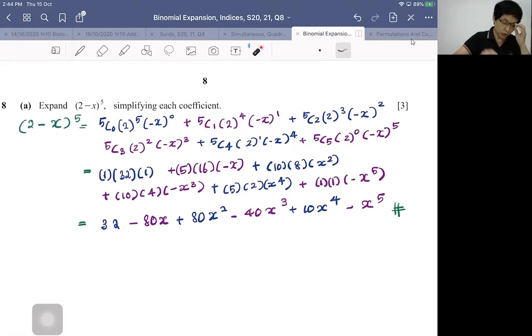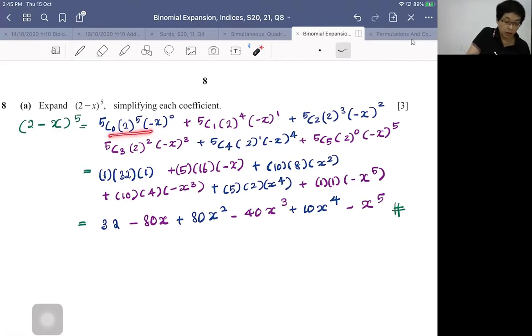To make it easier to see, I have put the terms into two different codes. So now this is the first term, 5C0 to the power of 5. And then the second term, be very careful because the second term is a minus x. So remember to carry the minus together each time.